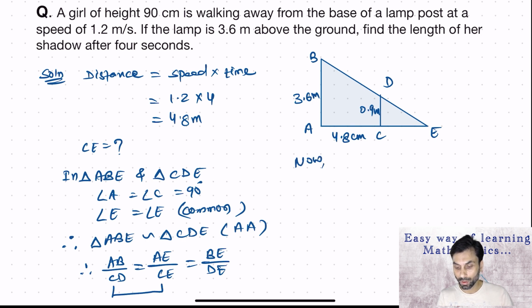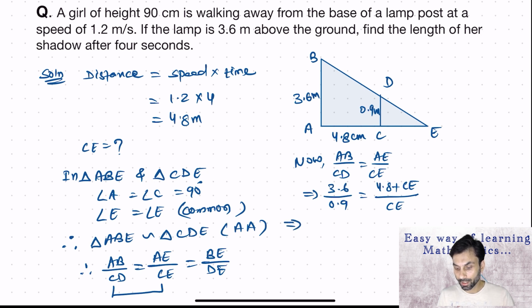So now we'll take AB upon CD equals AE upon CE. If you substitute the value, AB is 3.6, CD is 0.9, which equals AE. AE will be how much? That will be 4.8 plus CE upon CE.